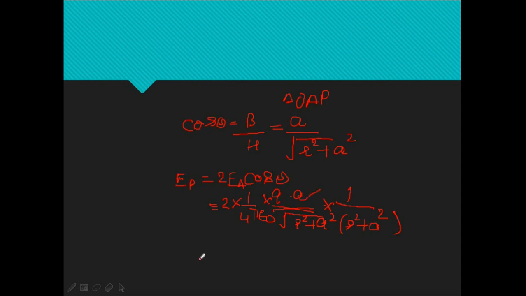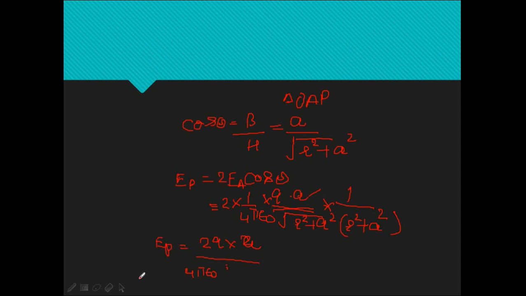Now here the value of EP equal to 2q into a over, 1 upon 4 pi epsilon naught into r square plus a square. The bases are the same, the powers will be added. Here the power is 1 by 2 and here the power is 1. Now the bases are same, the powers will be added.